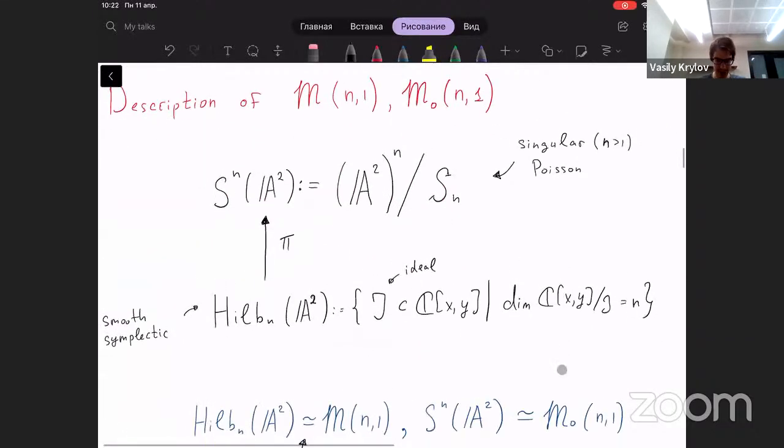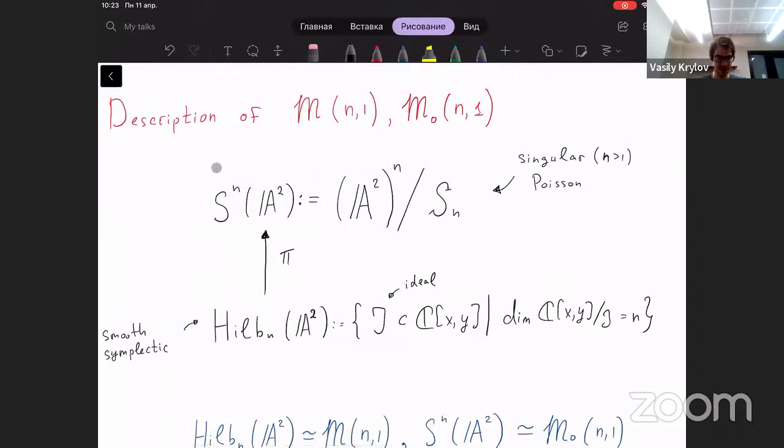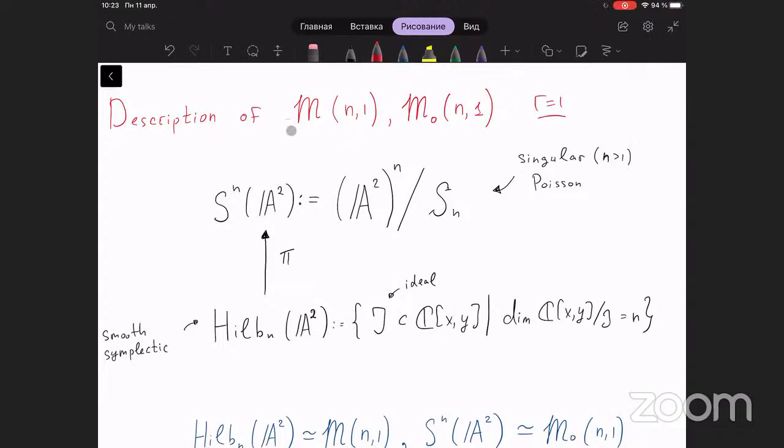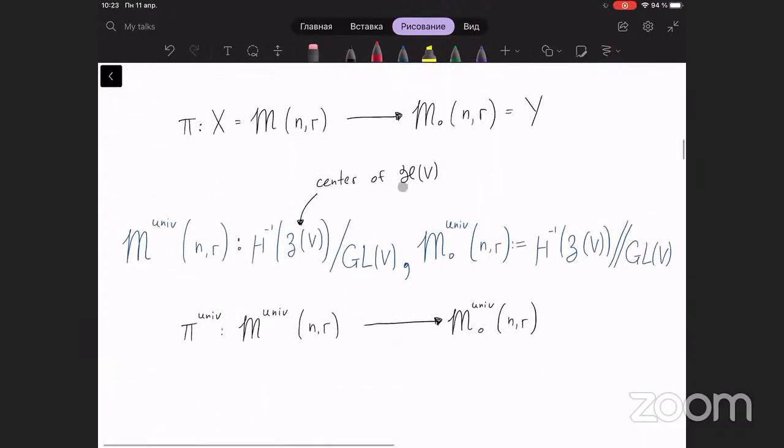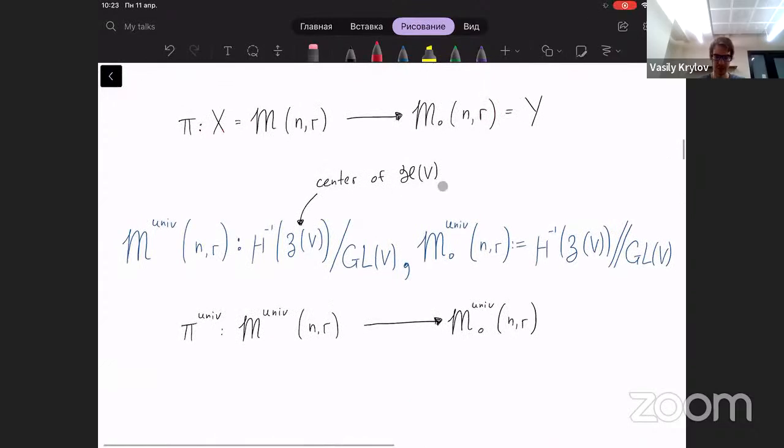Okay, and let's now try to give some more explicit description of these spaces when R is equal to 1. So this is the case R equal to 1. Z of V is the center of our algebra gl(V), to which the moment map goes.